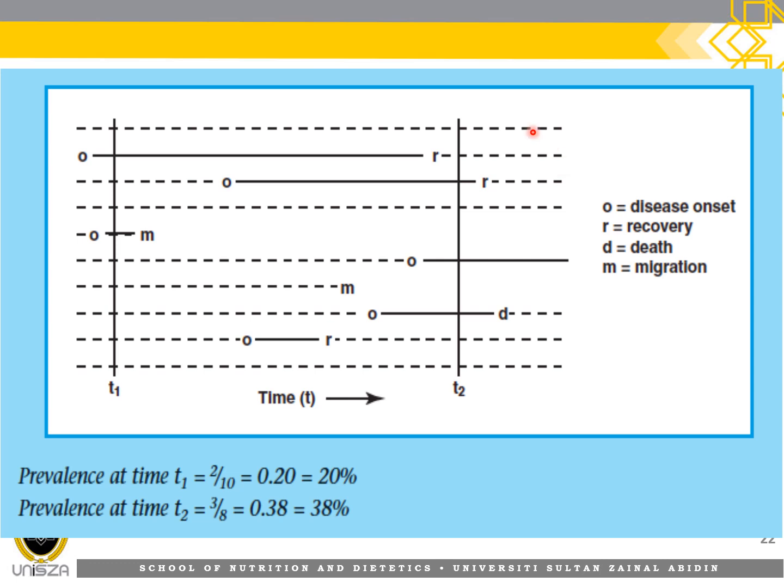How about patient number 7? So this patient is disease-free for some period of time until this person migrates somewhere else. After the person migrates, there is no more data captured for this patient.